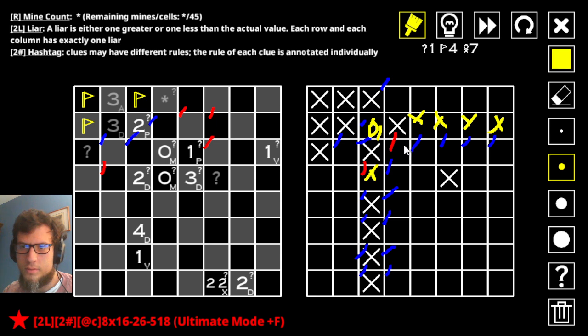Okay, I guess we have to make secondary assumptions. Let's say this thing is honest. If this is honest, then yeah, we're looking at that kind of situation. These are now gone. With this, that forces these 3 to be mines, and all of these to not be.